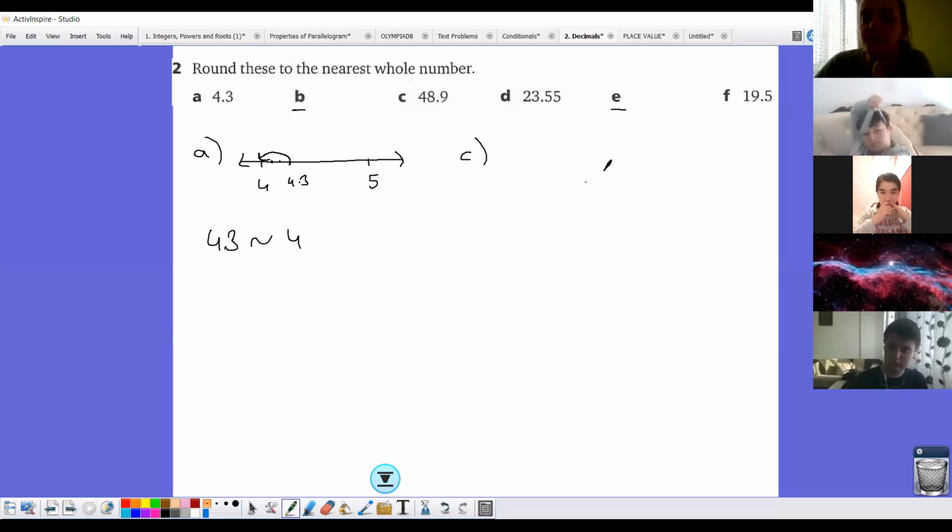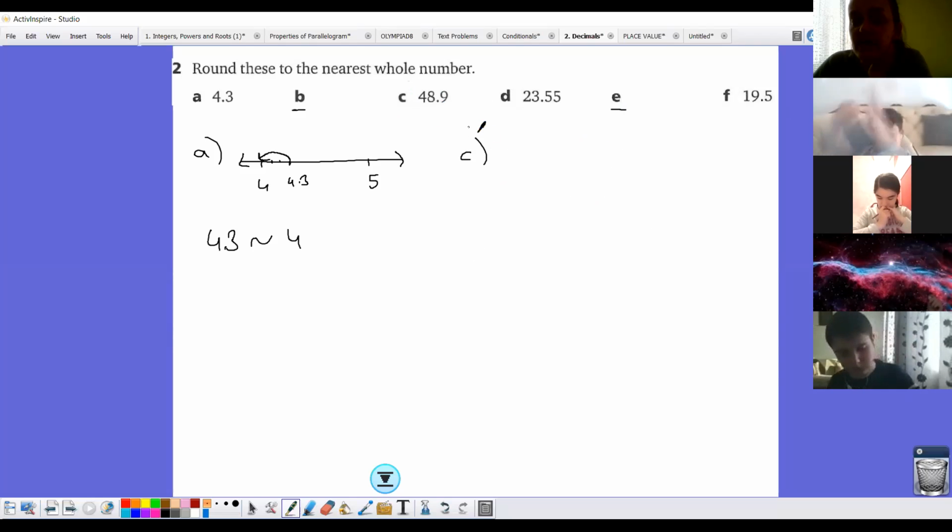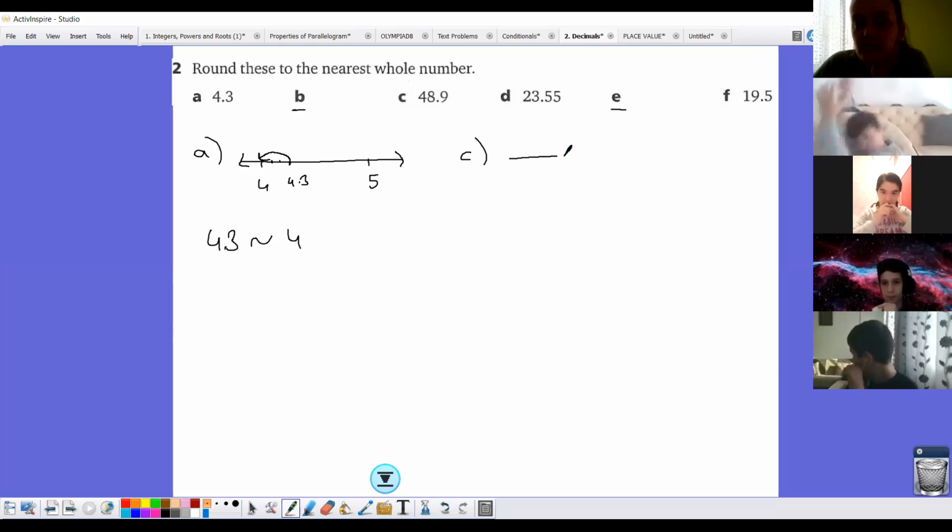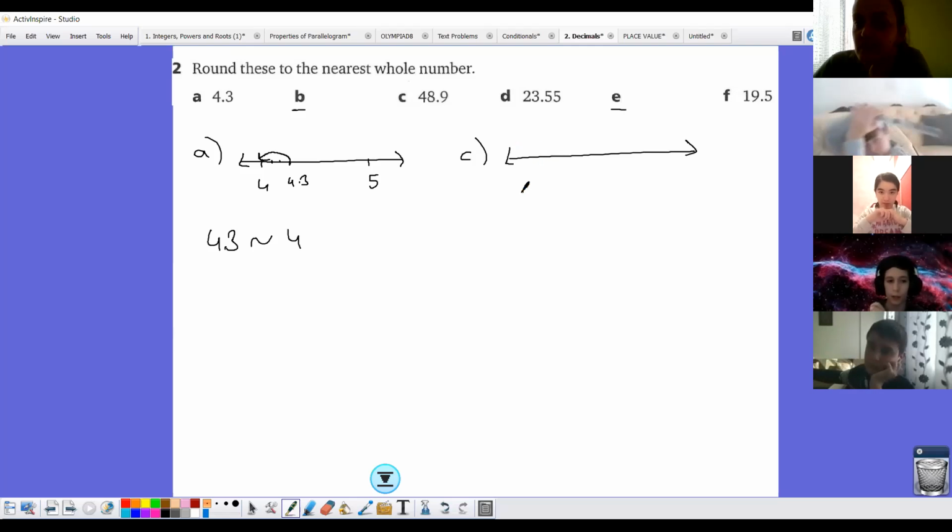In C, we have 48.9. So this one is between 40 and 50. Guys, look at me. Don't go that much, 40 and 50. It doesn't say nearest 10. It says nearest whole number.